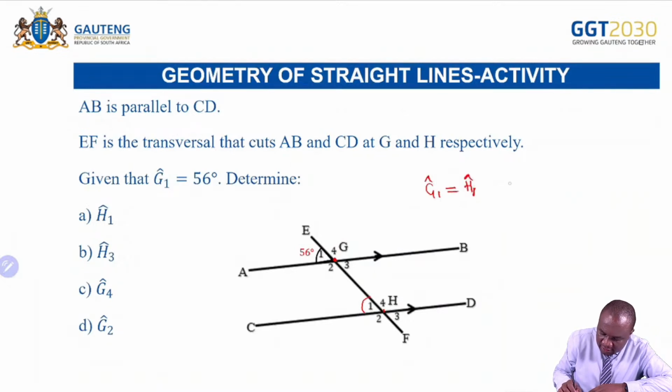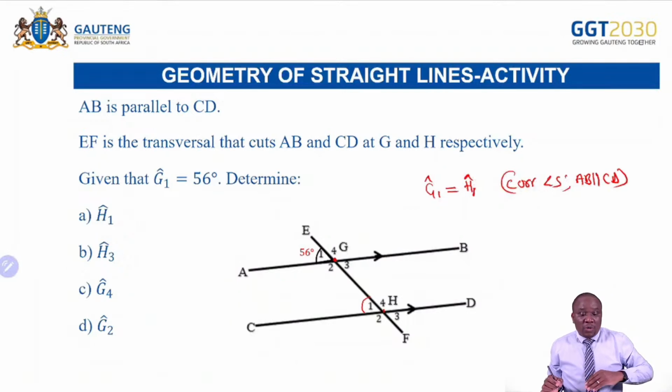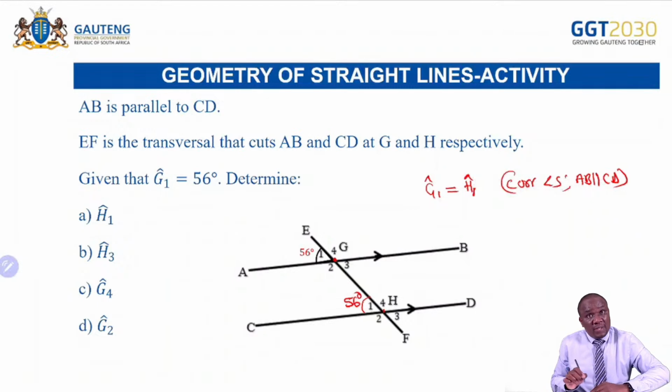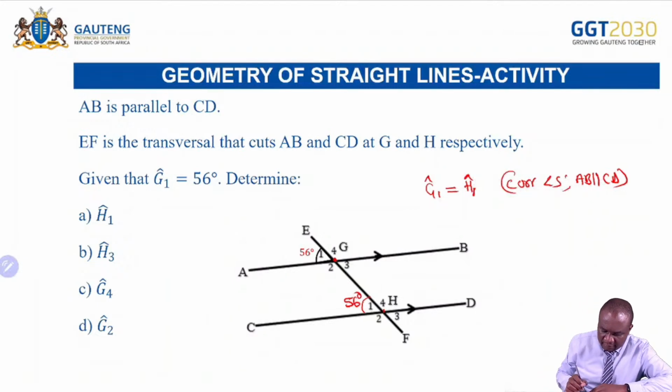These are corresponding angles, because AB is parallel to CD. So it means H1 is also 56 degrees. Please don't forget the statement and reason. Okay, that's the first one. You can complete this. I just wrote the first part, then you can say, therefore, H1 is equal to 56 degrees.